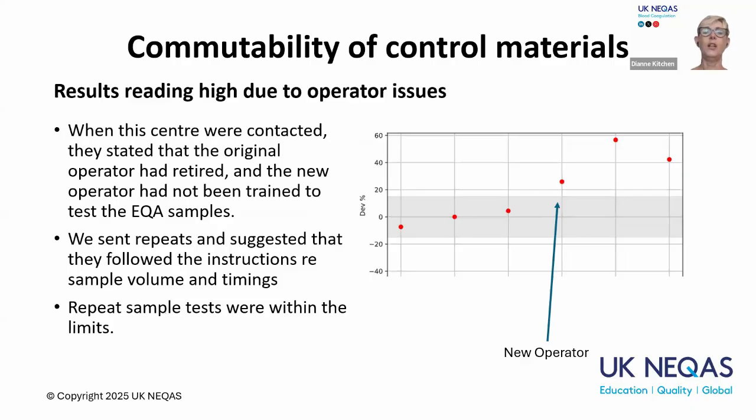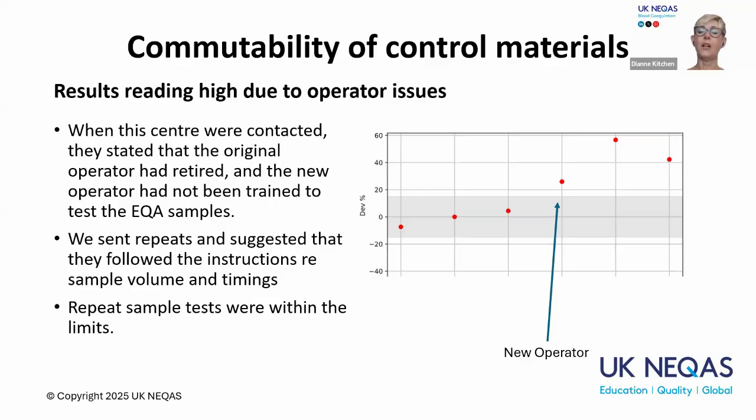For this centre, we contact them because they've got 3 on the trot poor results. We contact them and ask them if they need any help, any repeat samples, to discuss their technique of EQA, if they're having any problems with sample testing.